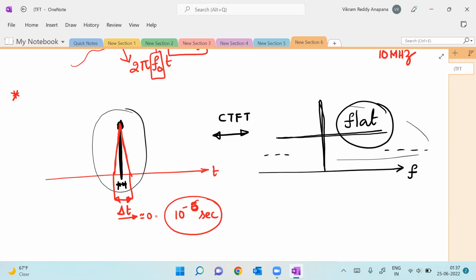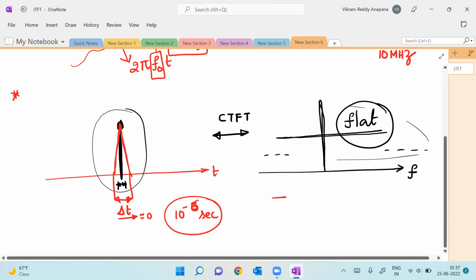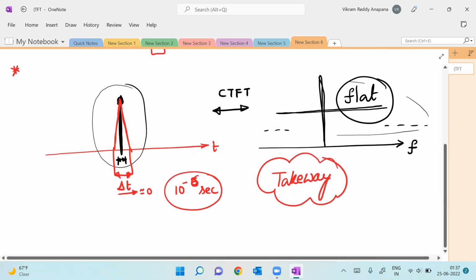Now there is one important takeaway from this time frequency pair. That important takeaway is that if there is a quick change in the time domain, the consequence is that you will see many frequencies in the spectrum. For example, I have this impulse function like this.